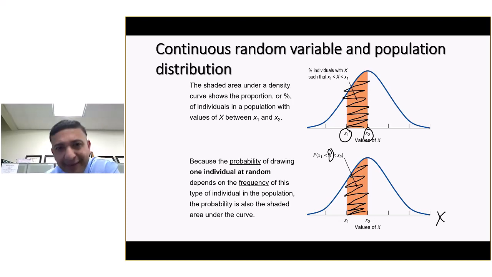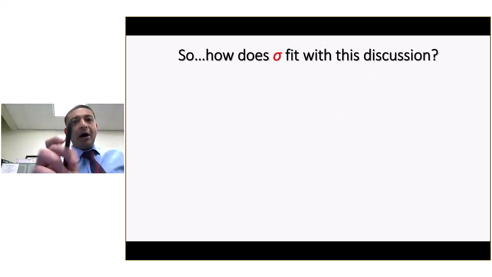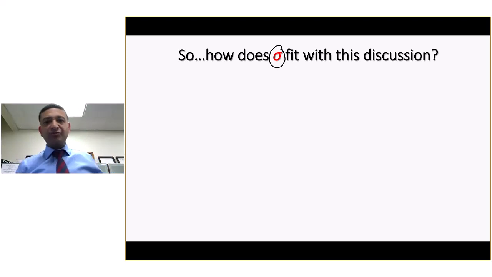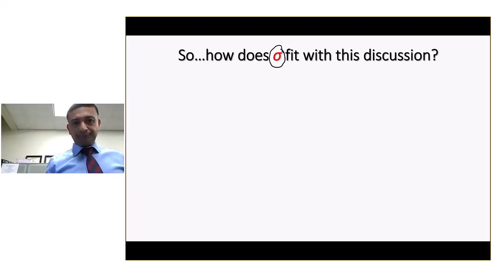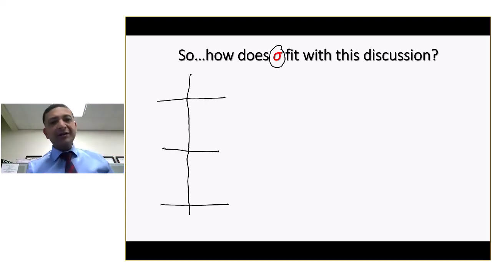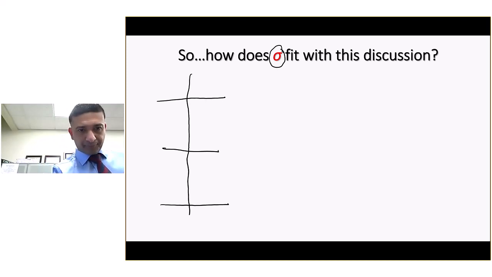So with that said and done, how in the world does the idea of sigma that we have discussed in the previous video fit with this discussion? Let me give you an example. Imagine that these are three possible outcomes of your grade in my class, and I'm going to draw distributions for each of these.